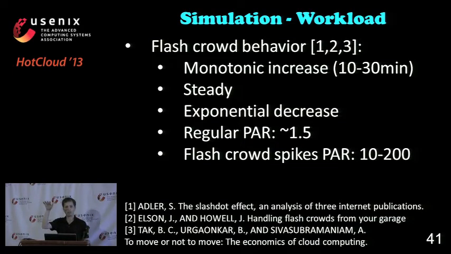Then it stays steady for a while, and then decreases exponentially until going back down to the regular load. So the regular peak to average ratio is about 1.5 typically, and when a flash crowd arrives, it jumps to be 10 times or 200 times as much.